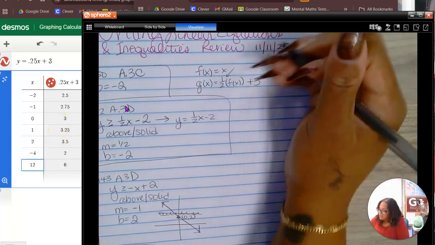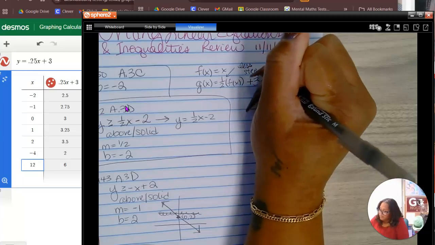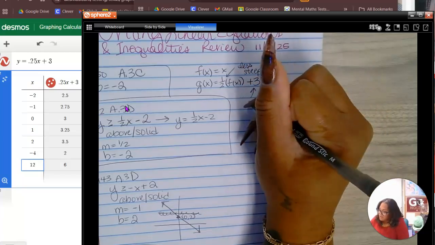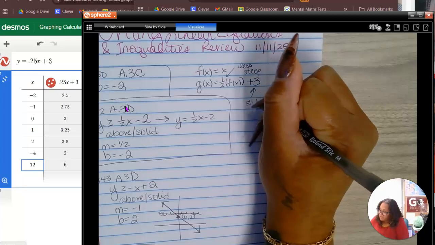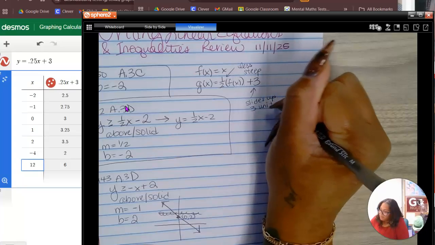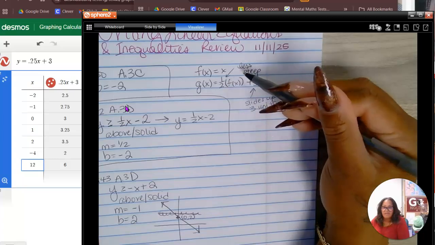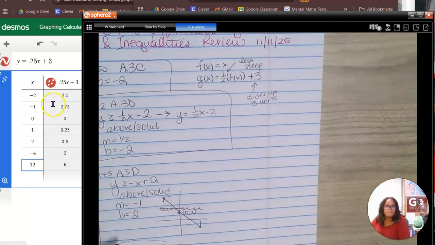So this means my line is less steep, and this means it slides up 3 units. This is a translation up, and this is just a less steep line, so it gets closer to the x-axis.